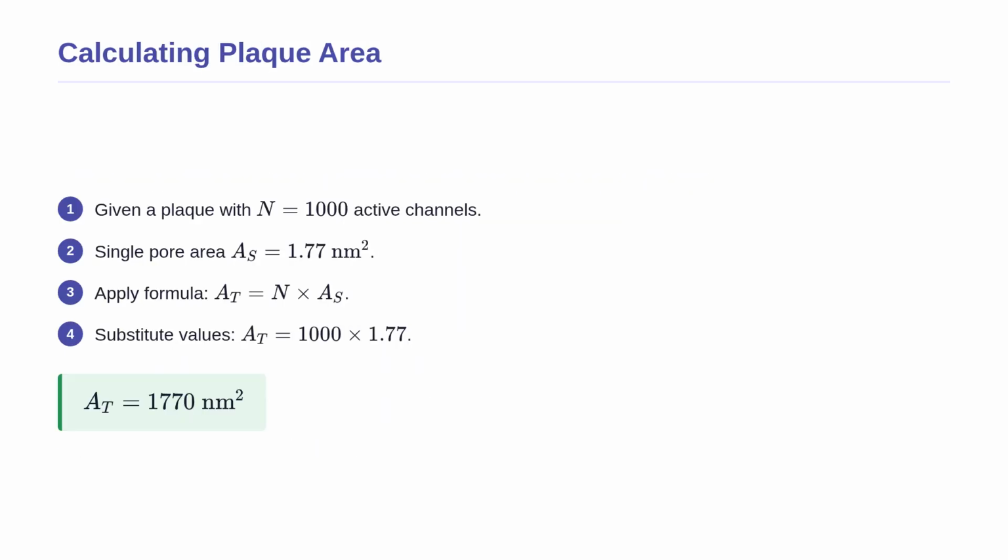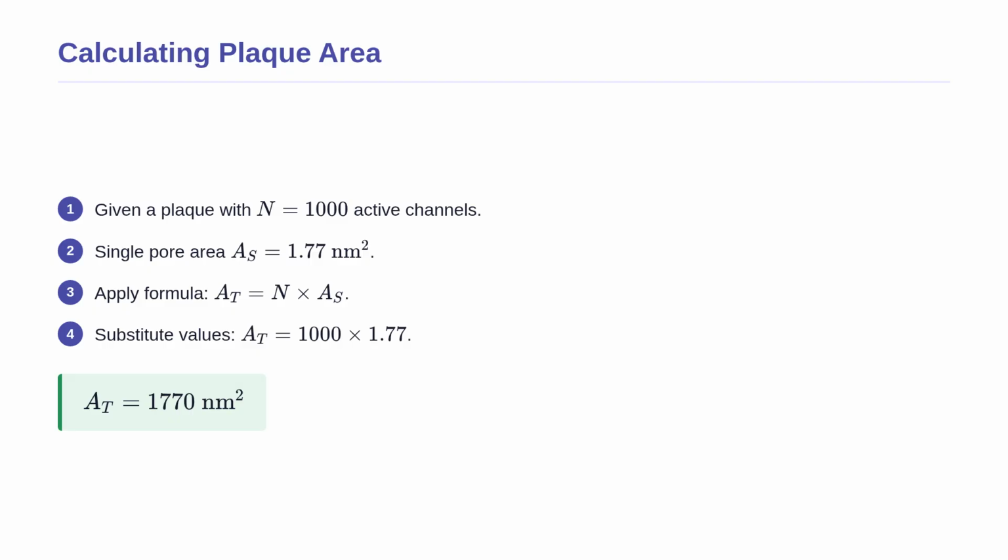Let us see this combined power in action with our second example. Imagine a heart muscle cell has a small plaque containing exactly 1,000 active gap junction channels. We want to find the total permeable area. We know our N is 1,000, and from our previous calculation, we know the area of a single pore is 1.77 square nanometers.